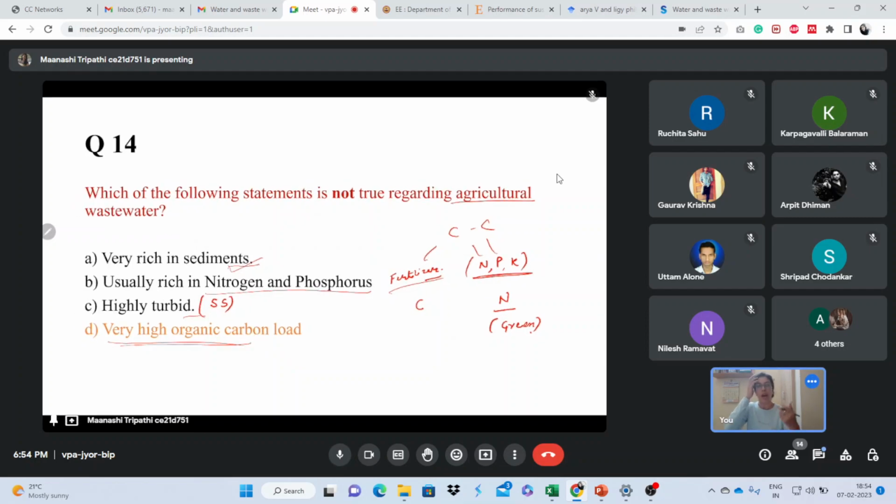If any textile industry uses some dye to color the textile, when this dye is coming out, it will contain very high organic carbon load. The dye will be red, blue, pink, whatever color. It will not be very turbid. It will be very transparent, but it will contain very high carbon load.